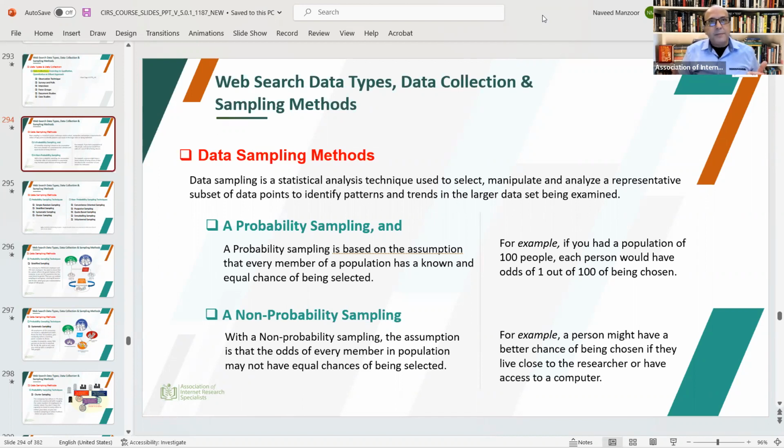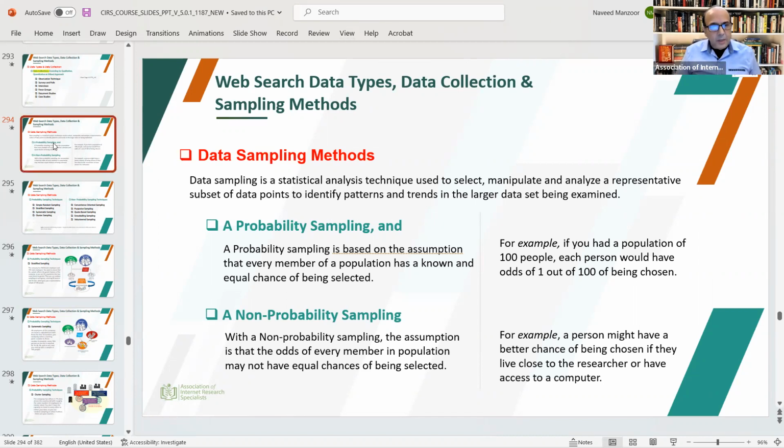Mostly that type of selection would require a recruitment of sorts, which is what we call sample recruitment. That process in itself would have an element of bias, so it's not bias free, and it is considered a non-probabilistic method. These two things we will discuss, probability and non-probability.